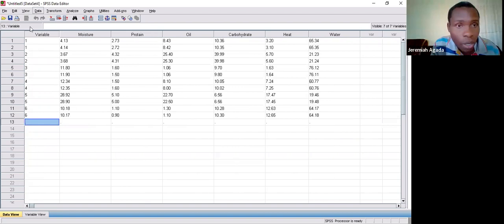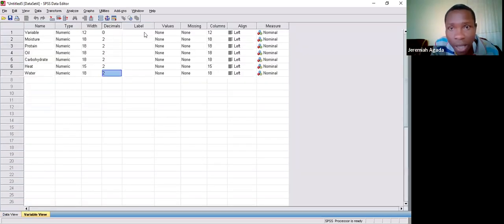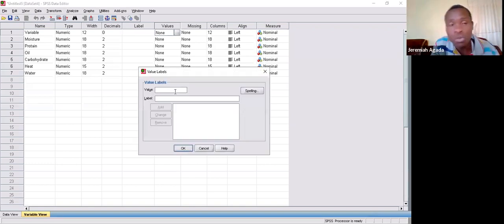So I'm going to now replace what does 1 mean, what does 2 mean, what does 3 mean. So here I'm going to come to the value under the variables. I want to now tell SPSS what each of those things mean. Normally, you are supposed to have a place where you are seeing and then you are typing or copying and pasting. So here, my value, I have 1.